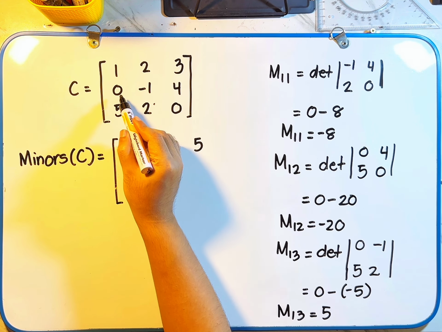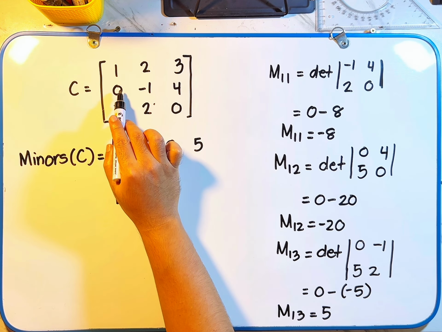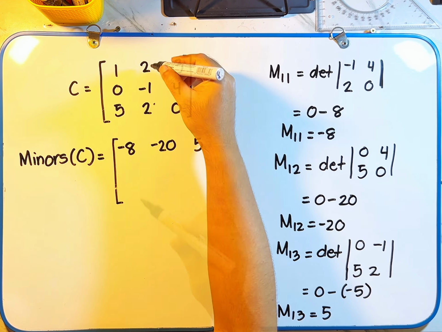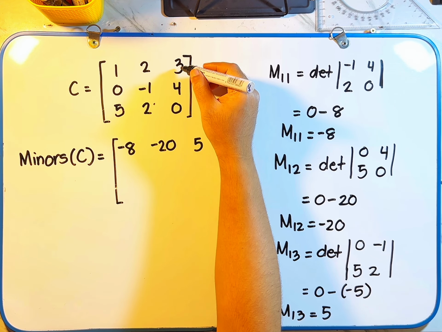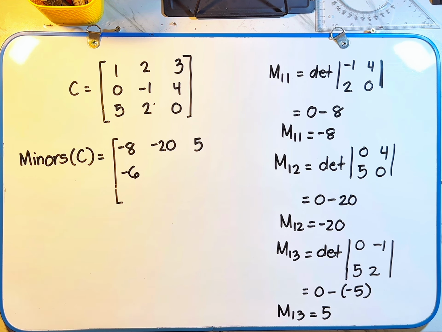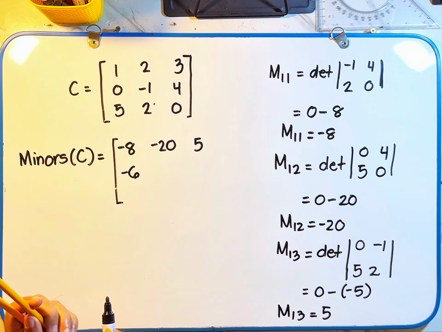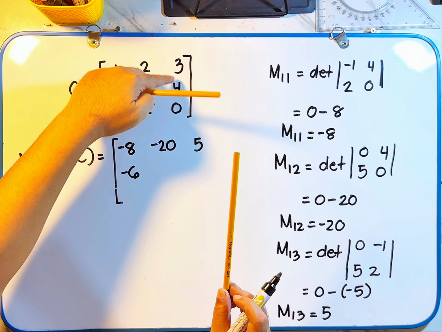For the element in the second row, first column, if we block the second row and first column, we have these 4 numbers. So 2 times 0 is 0, minus 2 times 3 is 6, so that's negative 6. Next, for the second row, second column, if we block them, you have the 4 numbers, 1, 5, 3, 0.